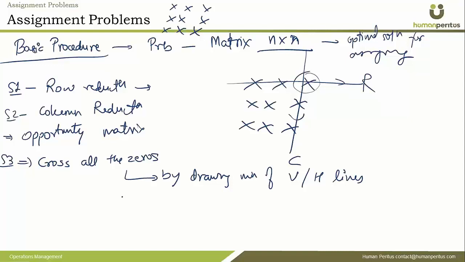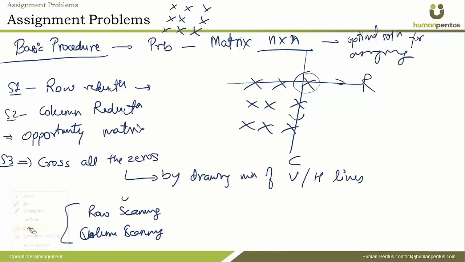We will do row scanning, then column scanning, and there is a specific method of how to do it. The method is that we will find out if there is any single zero, then we will mark that zero, and then make the line through the column for that particular row, and for the column we will do the same for the row. Okay, so this is the third step.